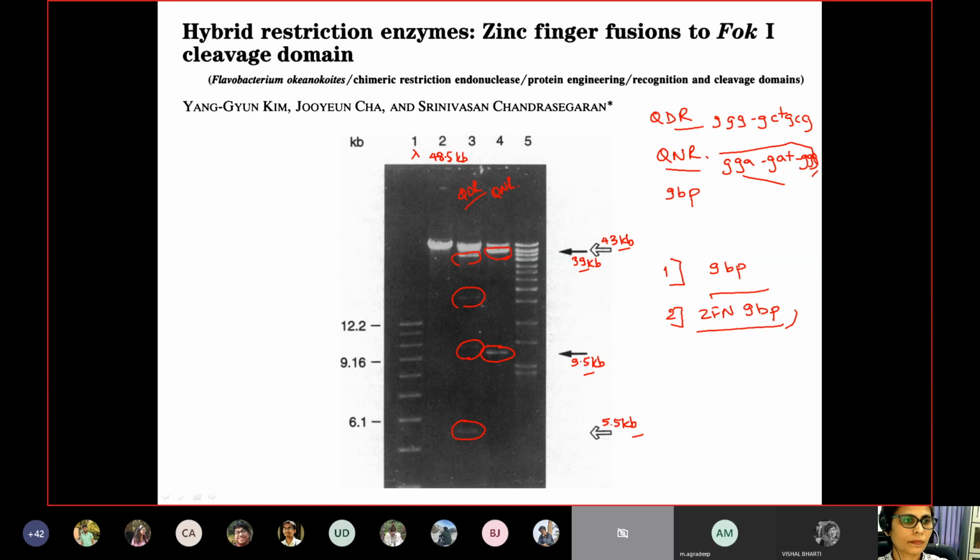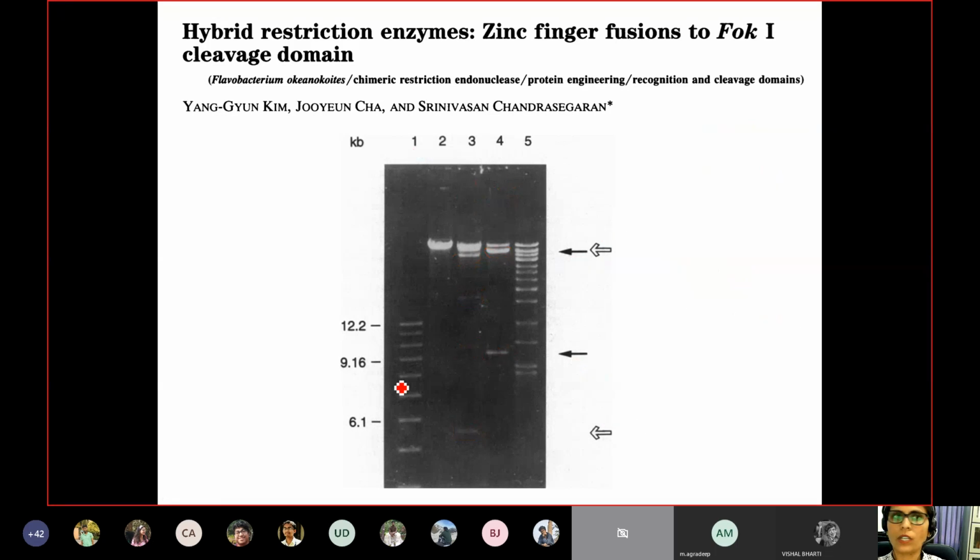Now, one important observation from them: they found that both of these enzymes required a high amount of nuclease for cutting these sites, even smaller sites.